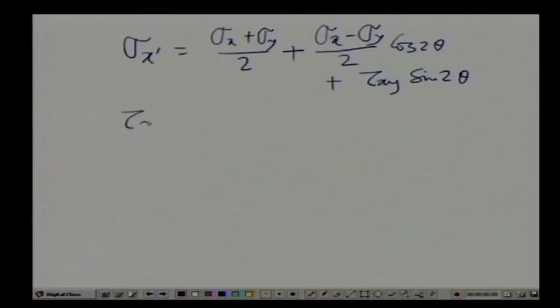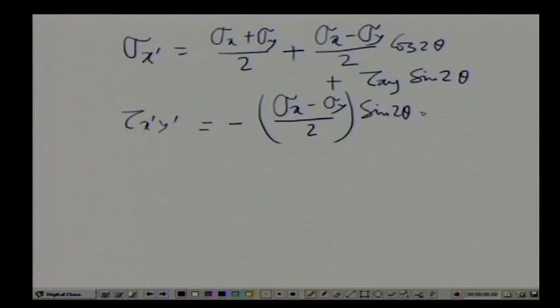Also, we have seen tau x dash y dash as equal to minus sigma x minus sigma y by 2 sin 2 theta plus tau x y cos 2 theta. So, these are the transformation equations. That means we can evaluate stresses on any plane oriented at an angle of theta in terms of the stresses sigma x, sigma y and tau x y. And please keep in mind that the rotation angle theta we have taken anticlockwise, and this is positive according to our convention.